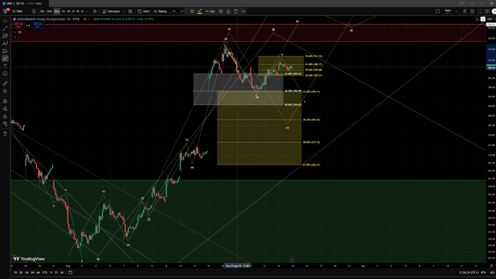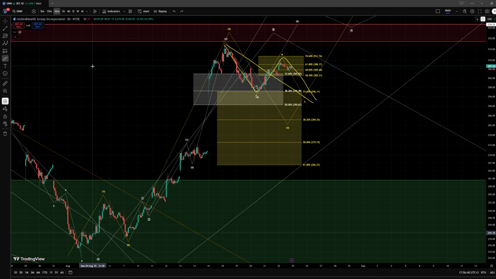But if we are forming here a larger ABC, then I would have to pair this wave 4 rather with this wave 2 movement instead of any of these that developed here, and I wouldn't really have a different way to count it in that case.